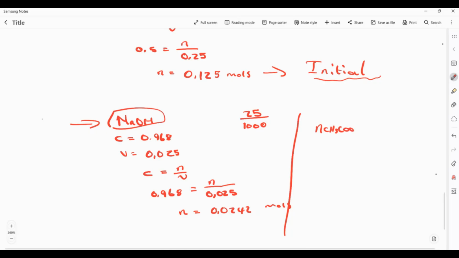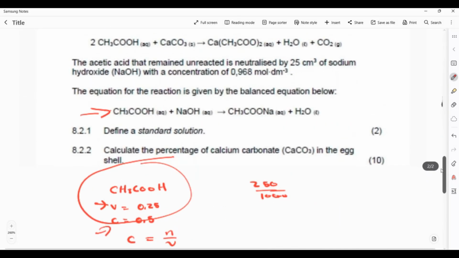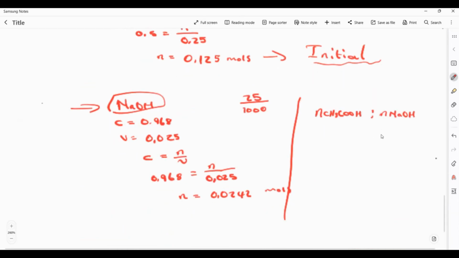CH3COOH to NaOH. What is the stoichiometric ratio? It's 1:1 because the equation is balanced. And then what is the number of moles of acetic acid? I don't know. n of CH3COOH. And then what is the number of moles on this side?